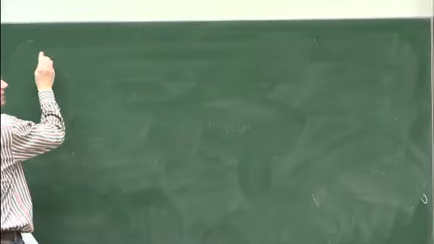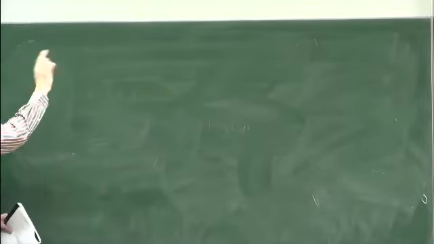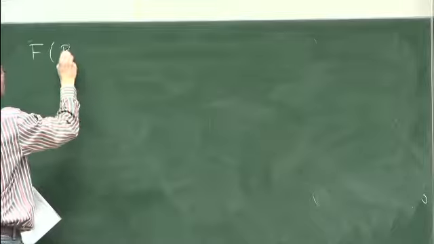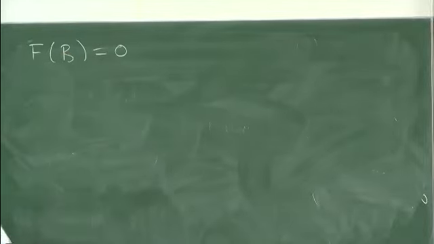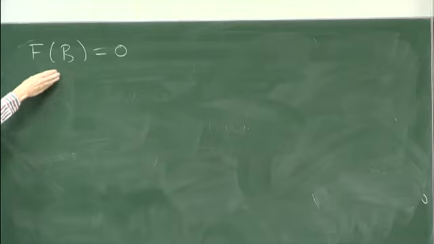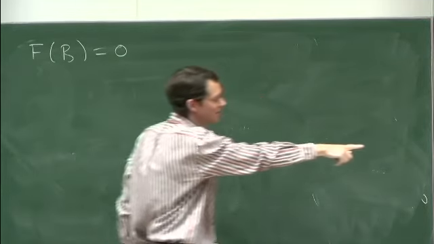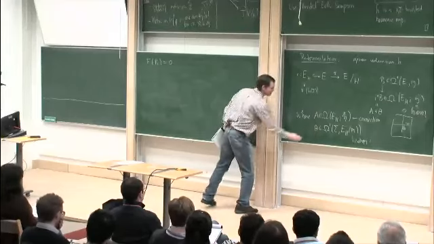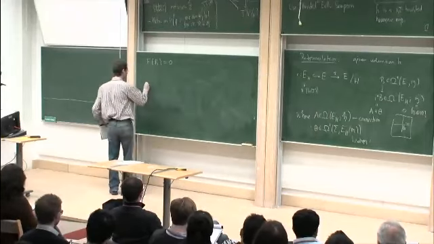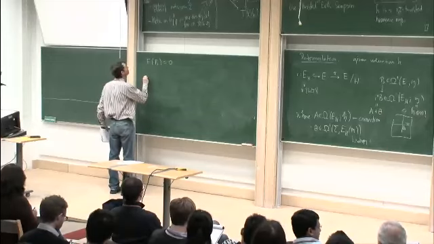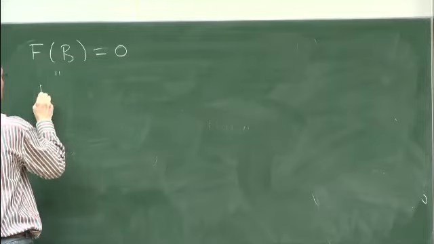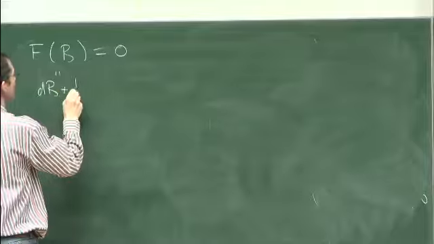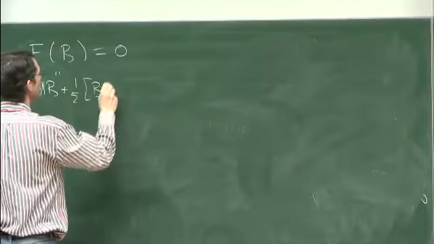All right. Can I just take 2 minutes to finish? So let's remember that the fundamental equation here was that the connection B is flat. If we try to express that in terms of this data A and theta, this is just dB plus 1/2 of [B, B].